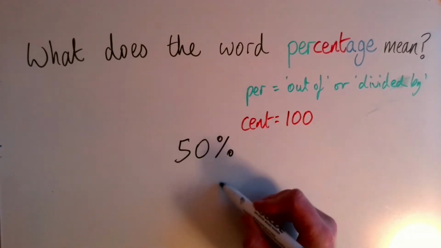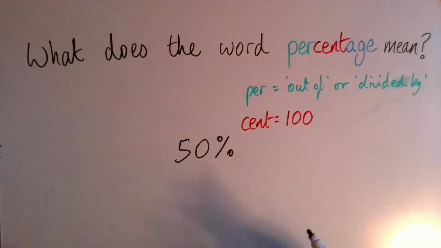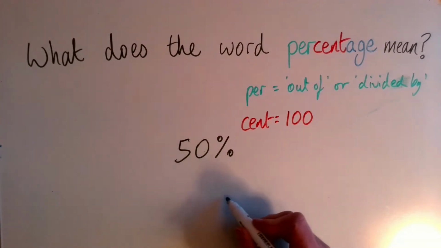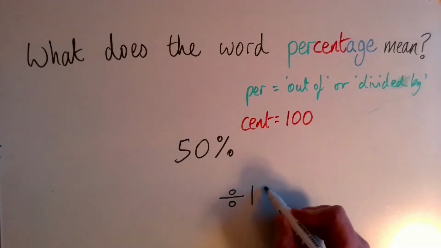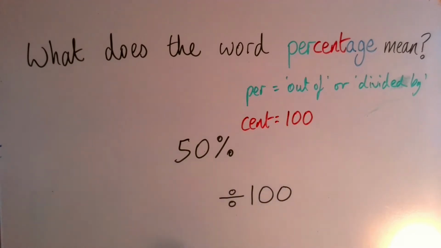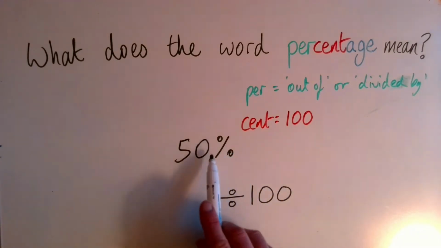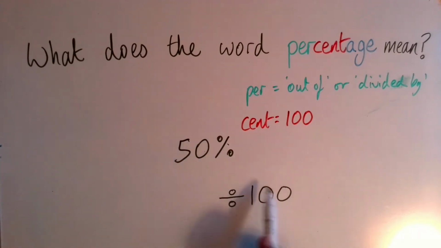and this symbol here, by the way, is a cunning reminder that it means divided by 100, because they used to write 50% as 50 divided by 100, and then mathematicians didn't want to spend lots of time writing divided by 100, so they realized that the division symbol has got a straight line and two little circles, and 100 has got a straight line and two circles, so they married them together to make a kind of shorthand of the two.